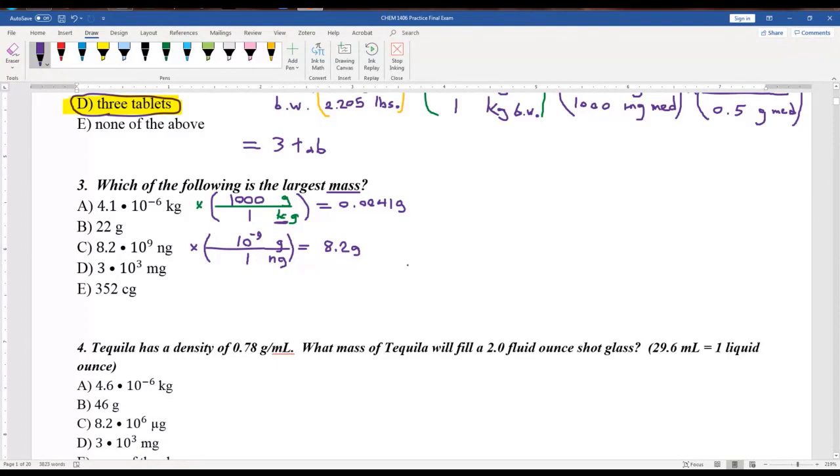Okay, now I'm going to pull out the 3 times 10 to the 3rd milligrams, and I'm going to convert the milligrams to grams. Once again, the unit that I'm canceling out, the milligrams, is going to go on bottom and grams is going to go on top. In this case, if I follow the previous examples, where am I going to put the 1?